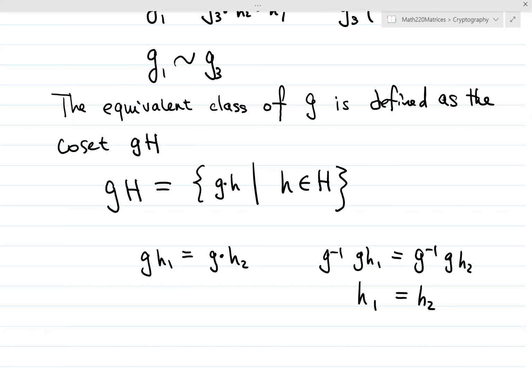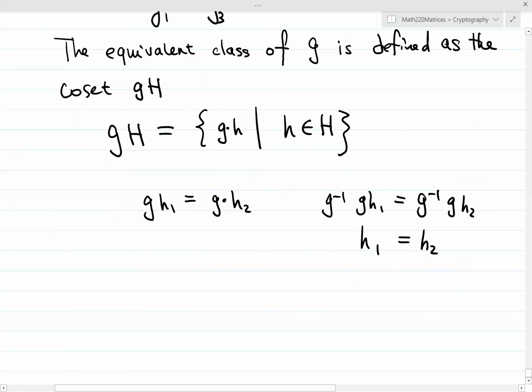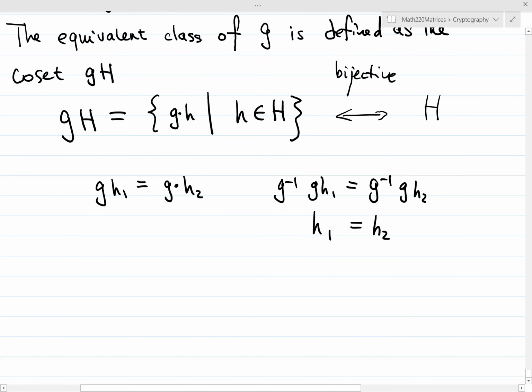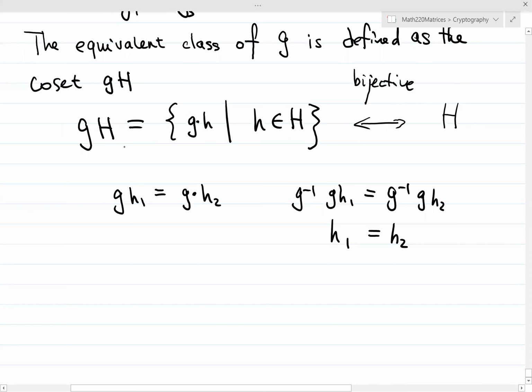So this has the same number of elements as H. For each h, we have an element in the corresponding coset of g. So this is a one-to-one correspondence, a bijection. So gH is in bijection with H.